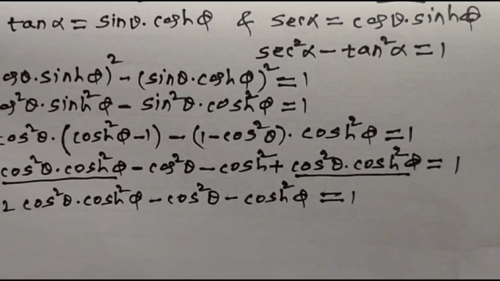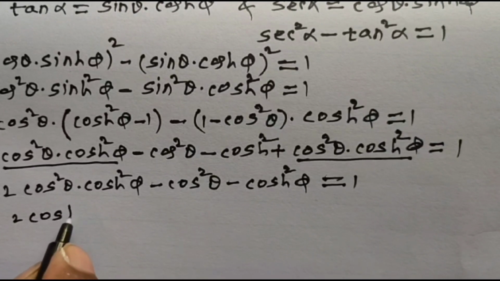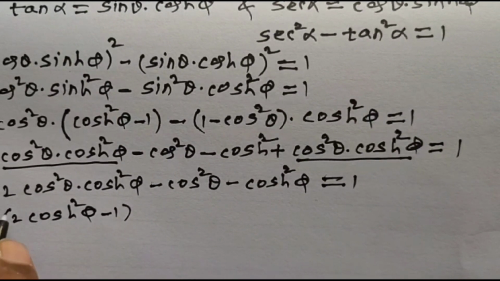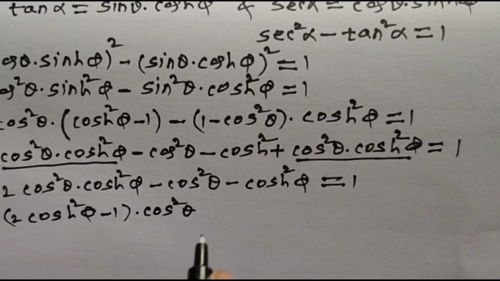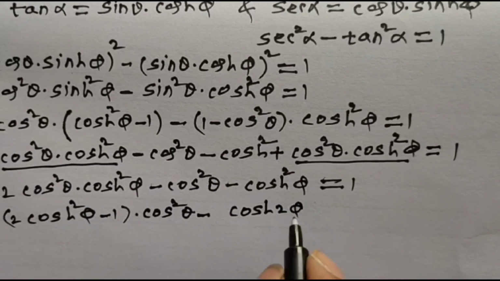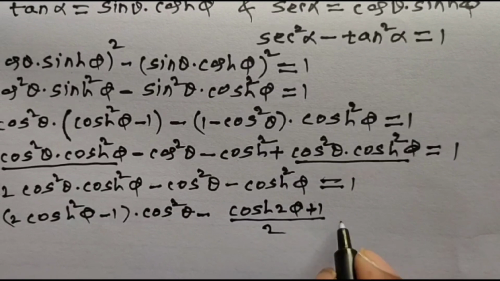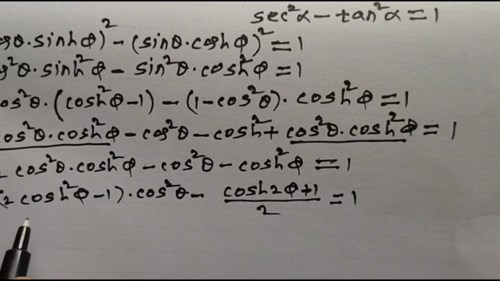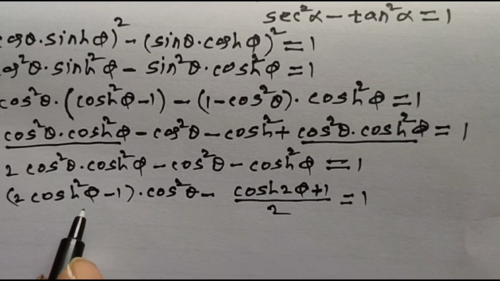So we can write this as 2 cosh²φ, taking cos²θ common, (2cosh²φ − 1) cos²θ, minus cosh²φ, which we are replacing by (cosh 2φ + 1)/2, equal to 1. Now twice cosh²φ minus 1 is equal to cosh 2φ.